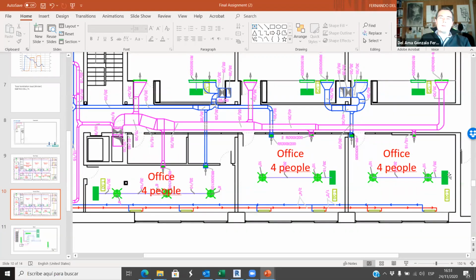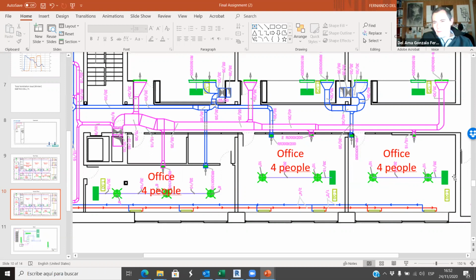So in single family houses, we don't need ducts because the rooms are quite small. But here in the public building, even this office is quite big. If we had only this element on the wall, it wouldn't be convenient, because you have to reach every single corner of that room.